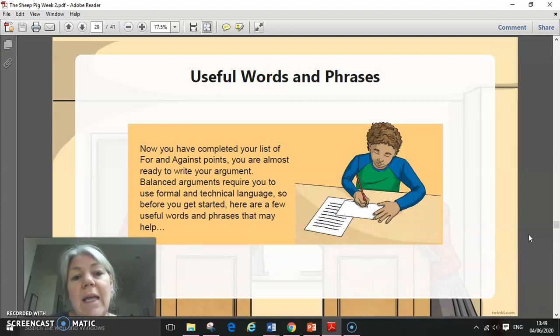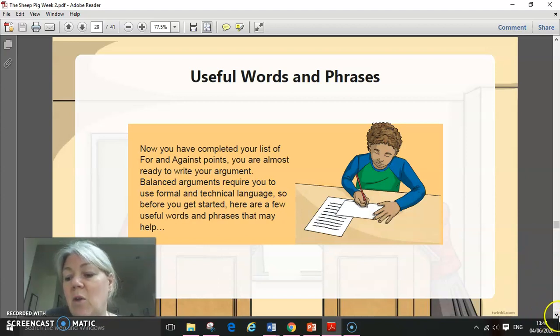When you're writing your balanced argument, we're kind of having a debate, but a debate that we would have verbally, on paper. So we're going to have to use some debate language, include some conjunctions, and think about using some technical vocabulary. We need our reader to know that we're experts on this subject, that we've done our research really well.